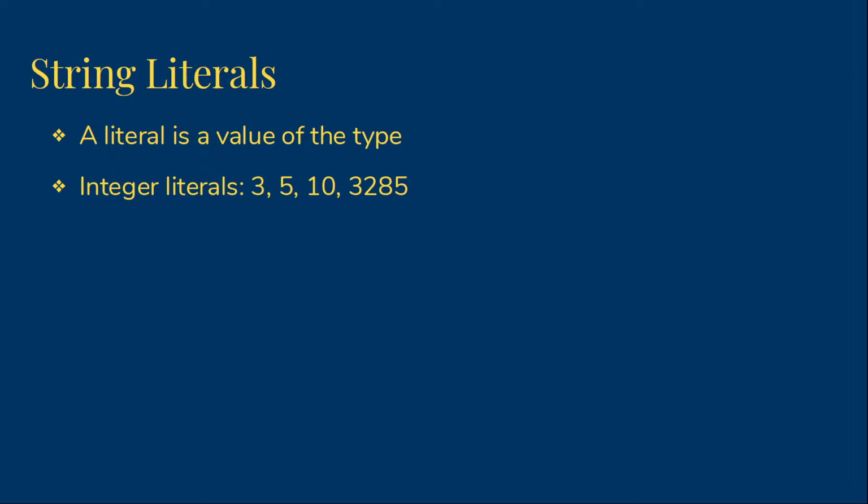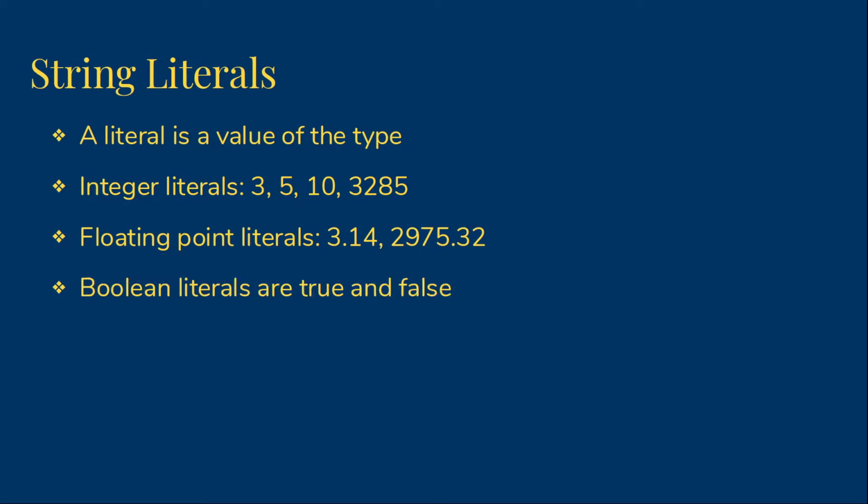Before we move on, we need a quick vocabulary lesson because I'm going to be talking about string literals, and you need to know what I mean by that word literal. So a literal is a value of the type that we're talking about. Integer literals might be things like 3, 5, 10, 3,285. Floating point literals would include things like 3.14 or 2,975.32.